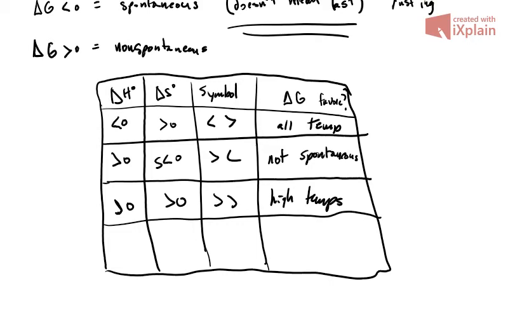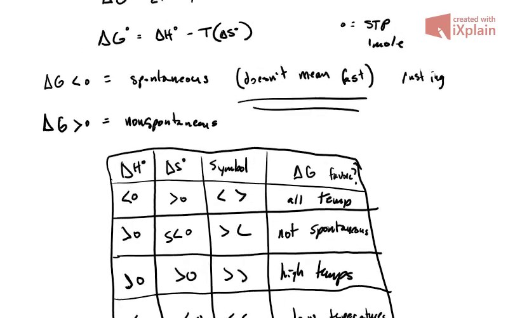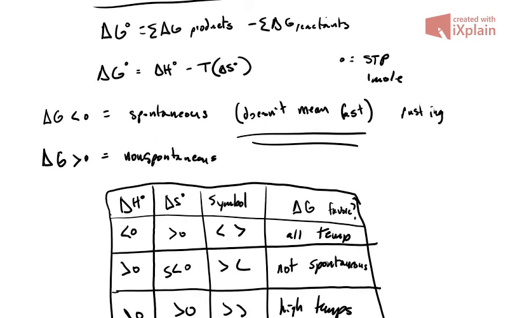And finally, if they are both negative, this will only happen at low temperatures. If they are both negative, you want the magnitude of the negative H to be higher than the magnitude of the now positive right side here.